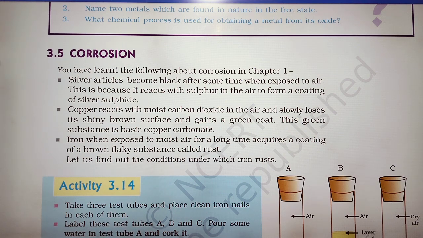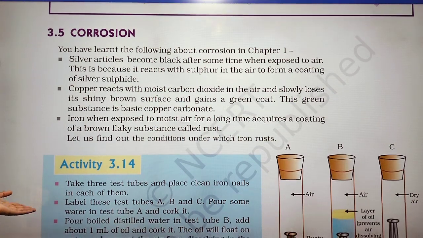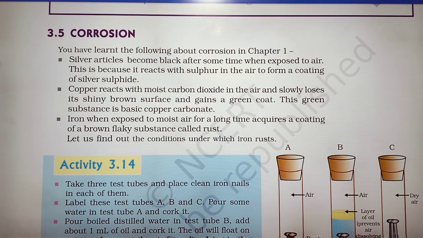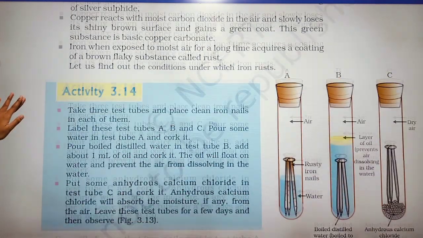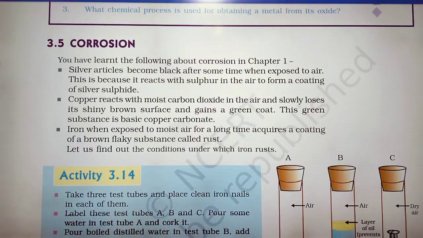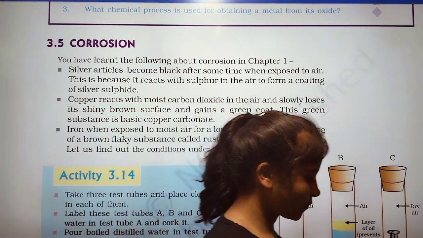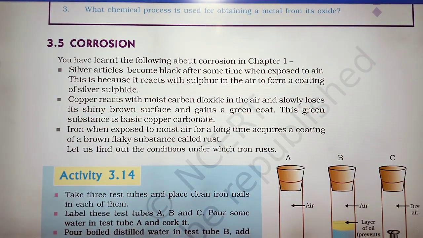Now here the third point, iron when exposed to moist air. We have already learned this in chapter 1. Iron, when exposed to moist air for a long time, acquires a coating of a brown flaky substance called rust, and this process is also called rusting of iron.